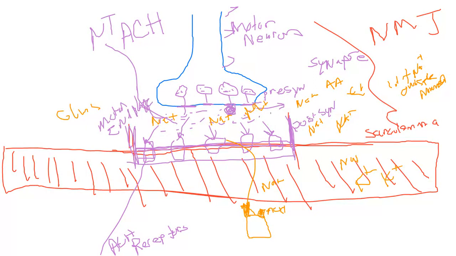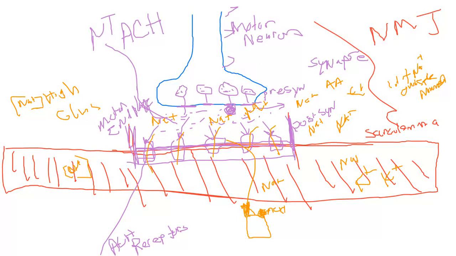And so what happens is when acetylcholine binds to the protein and opens this door, sodium, which is in high concentration outside the cell versus low concentration inside the cell, sodium ions are going to want to come in through these channels into the cell.